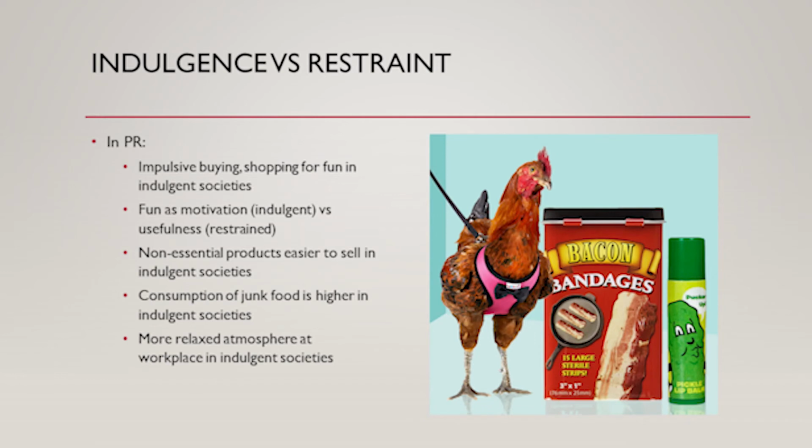So what does this dimension have to do with public relations? First of all, in indulgent societies, we will see a lot more impulsive buying. Also, fun as a motivation for purchases in indulgent societies is more common, whereas restrained societies would consider the usefulness rather than fun.